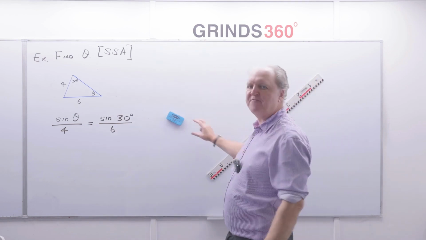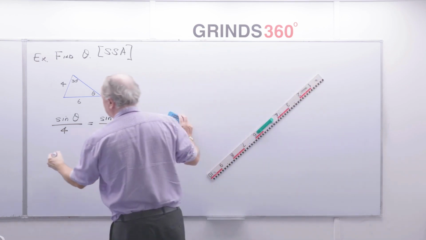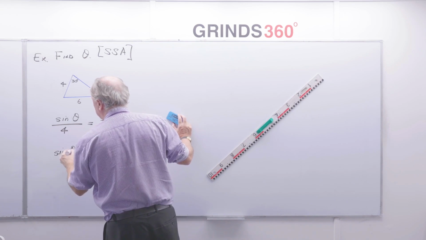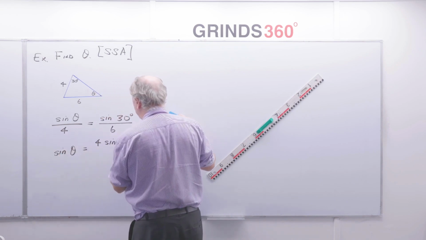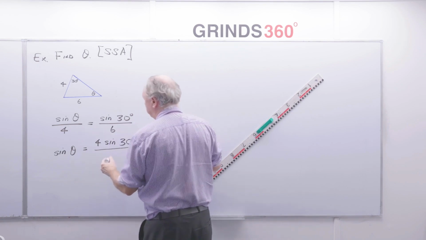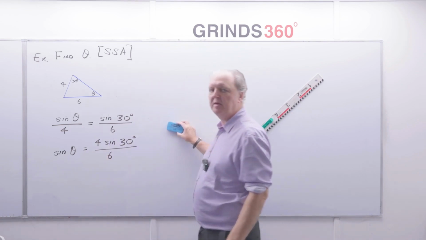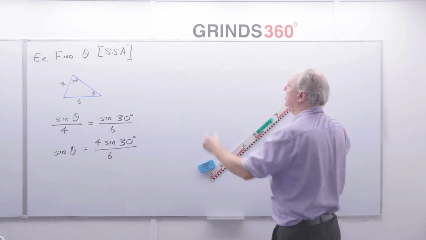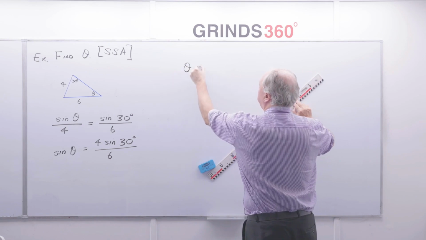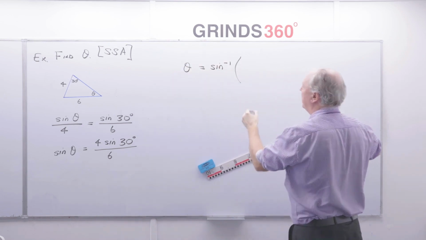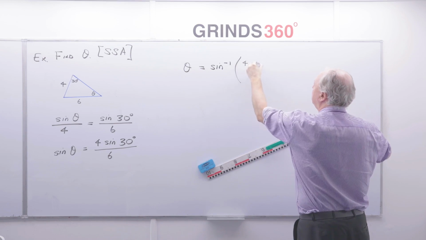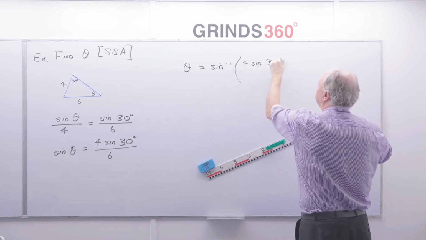Multiply both sides by 4, slide the 4 up. So I get sine theta is equal to 4 times sine 30 divided by 6. I want the angle theta. So theta is the inverse sine of 4 sine 30 divided by 6.